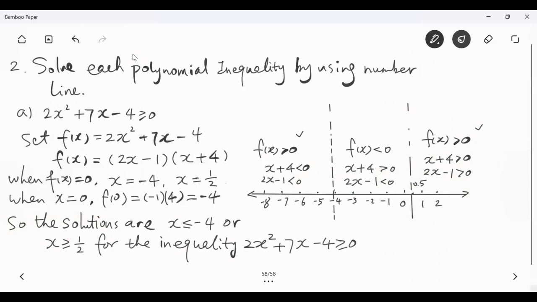Be careful, it's including the 0, so including the boundary. Okay, this A, the use number line.